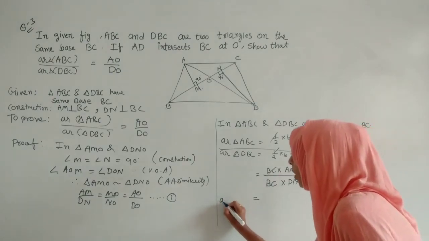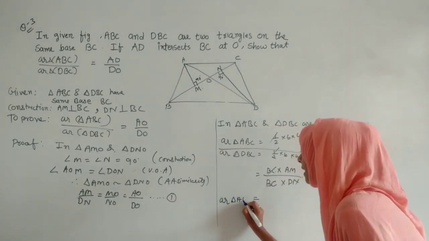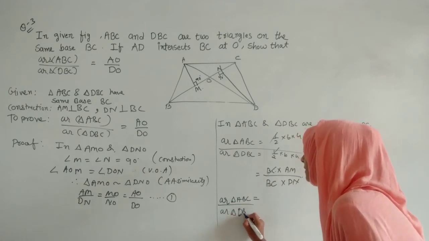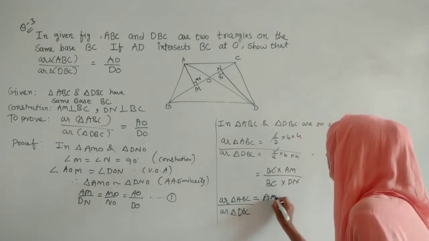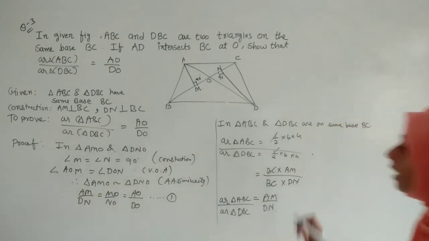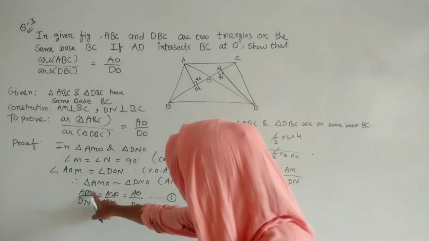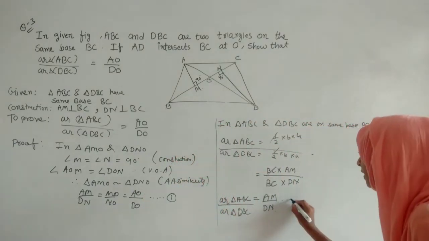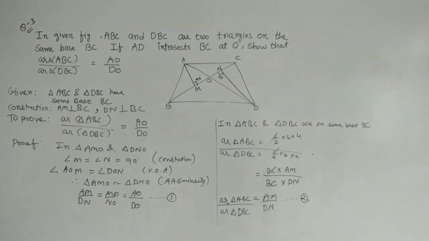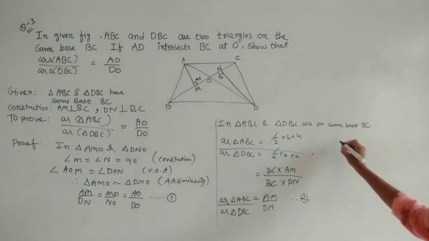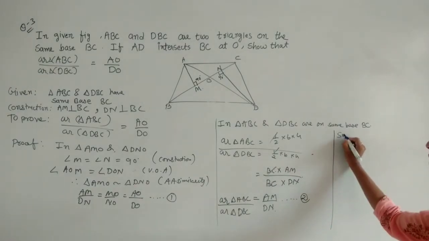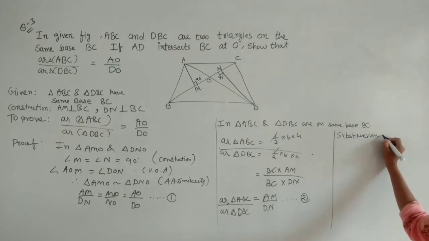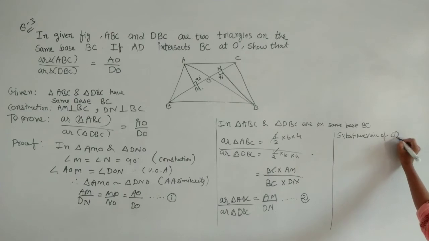So what did we get? We got the area of triangle ABC by the area of triangle DBC equal to AM by DN. But as you can see from equation 1, AM by DN is equal to AO by DO. So I will name this equation number 2, and here I will substitute the value of 1.